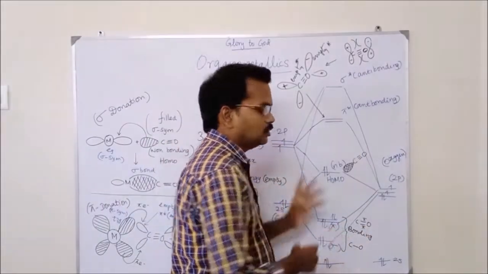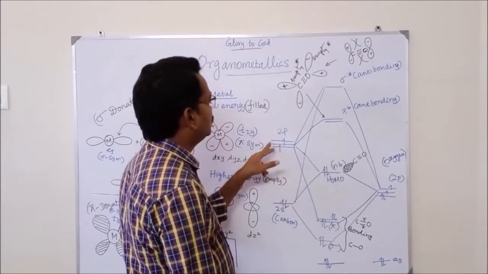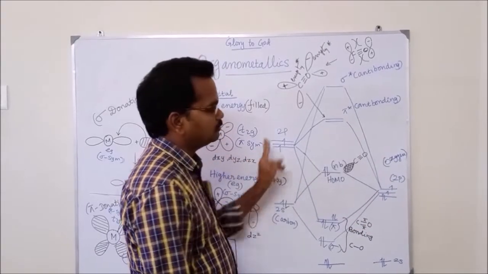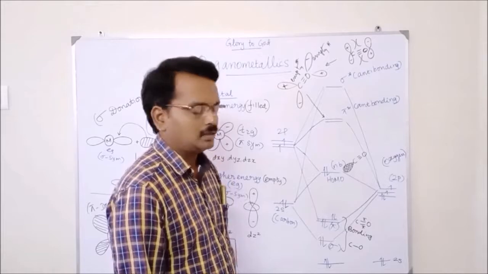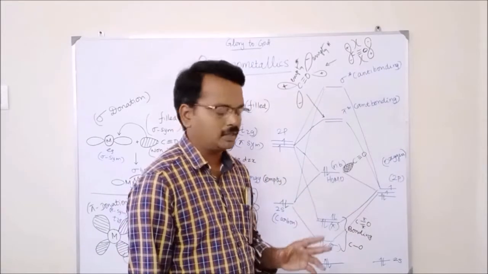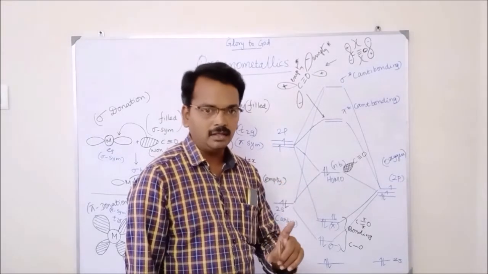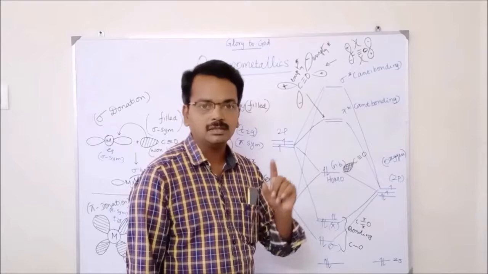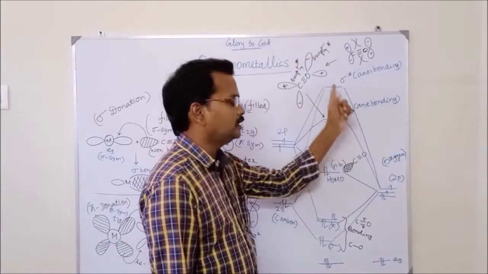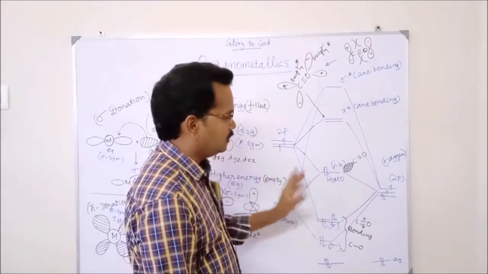Here 3 orbitals, and here 3 orbitals and 1 orbital, therefore totally 7 orbitals. When 7 atomic orbitals combine, we get 3 bonding molecular orbitals and 3 anti-bonding molecular orbitals, and surely 1 non-bonding orbital will be obtained.